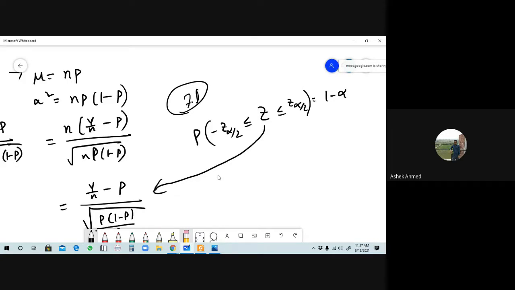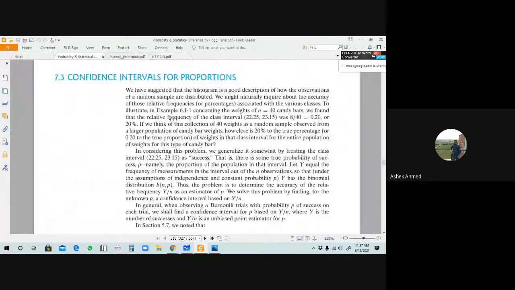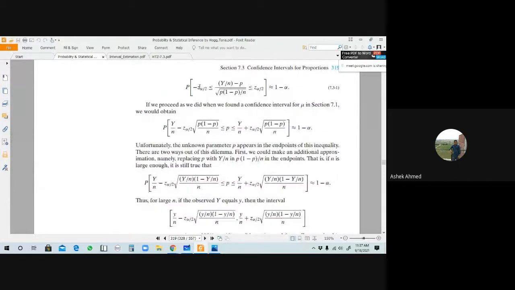If you write y by n minus p in place of Z, the result will be this. From here you can solve this inequality for finding p, where p means proportion. When you solve for p, you will get this result.